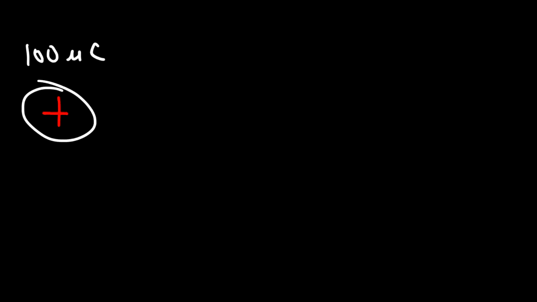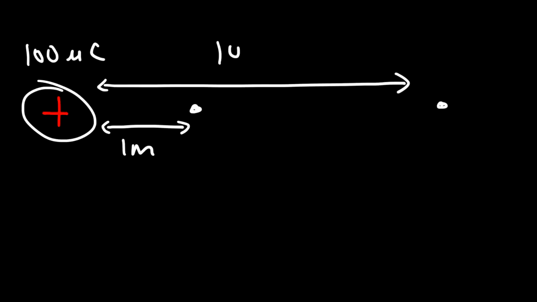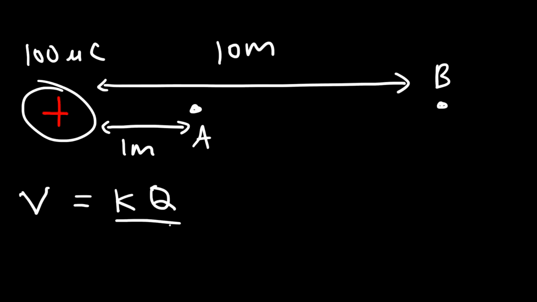And let's say we wish to calculate the electric potential at a distance of 1 meter and also at a distance of 10 meters. Let's call this point A and point B. To calculate the electric potential generated by a charge, you could use this formula. V is equal to KQ divided by R.